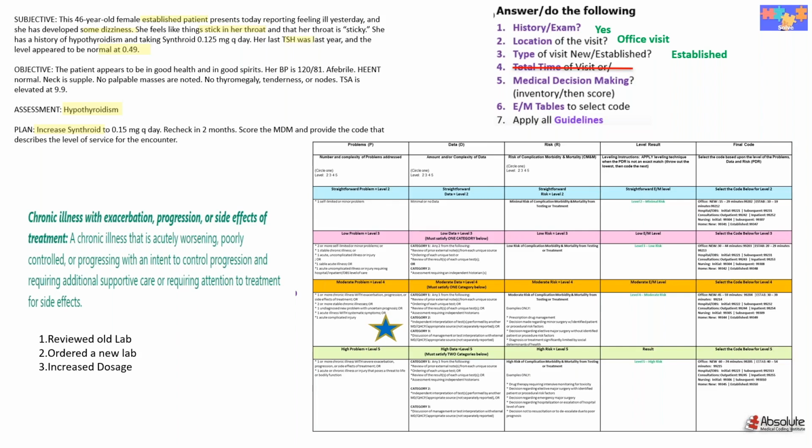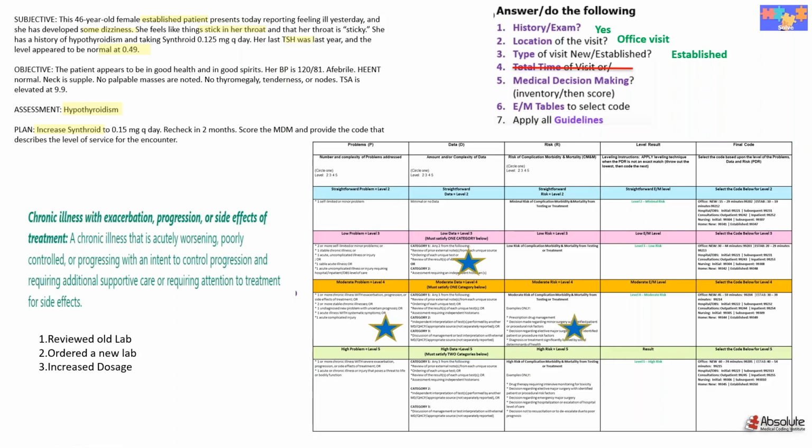And next, let's look into the data column. Where does this fall? There was a labs review, and there was an order of the new lab as well this visit, so that's 2 points maximum. So I would take it under category 1 in a low data. And how about the risk? There was prescription drug management, right?